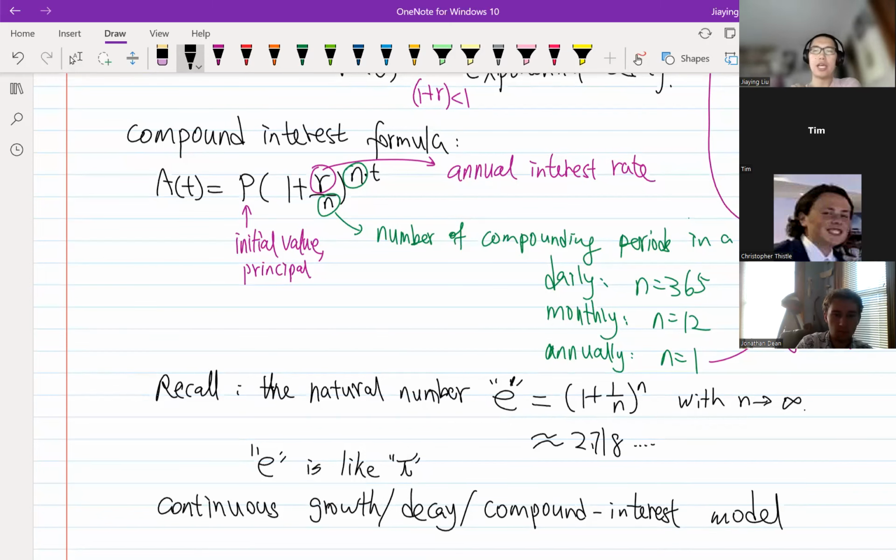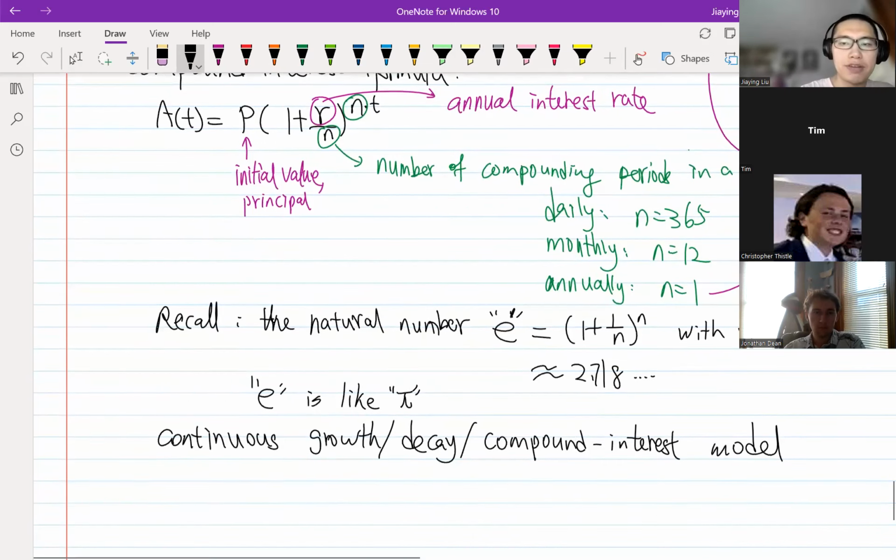So instead of the interest being compounded every second or every half a second, it's just always compounded. That's like for infinitely small time intervals, so the interest is continuously calculated. So the formula is a little bit different.